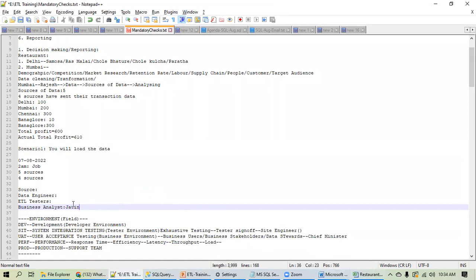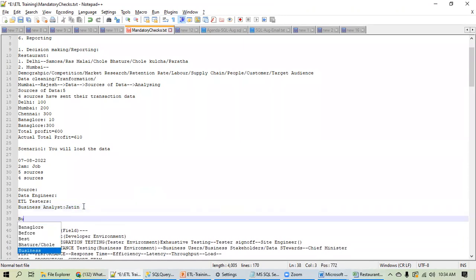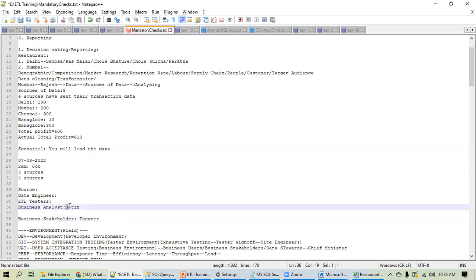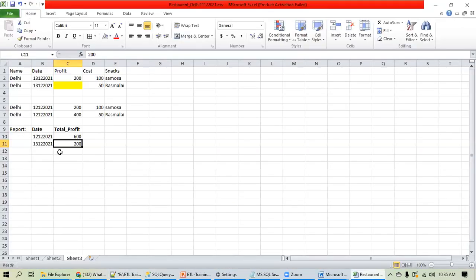Okay, fine. So the business stakeholders. Who wants to become the business stakeholder in this group? Any volunteer? Suppose I myself am the business stakeholder. Then I will drop a mail to Jatin: Jatin, please look into this number.